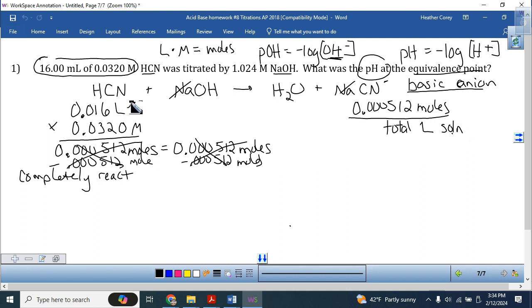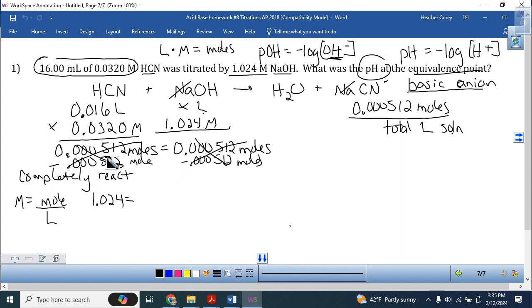Well, I know the liters of HCN that was provided to me. What do I know about the NaOH? I know the moles of NaOH, and I know the concentration of NaOH. There's a couple different ways that you could go about finding the X liters of NaOH. We know molarity equals moles per liter. And the molarity is 1.024. That's provided to you right here.